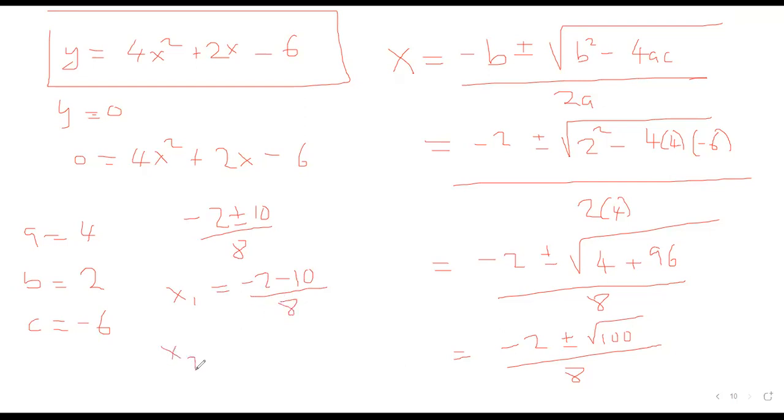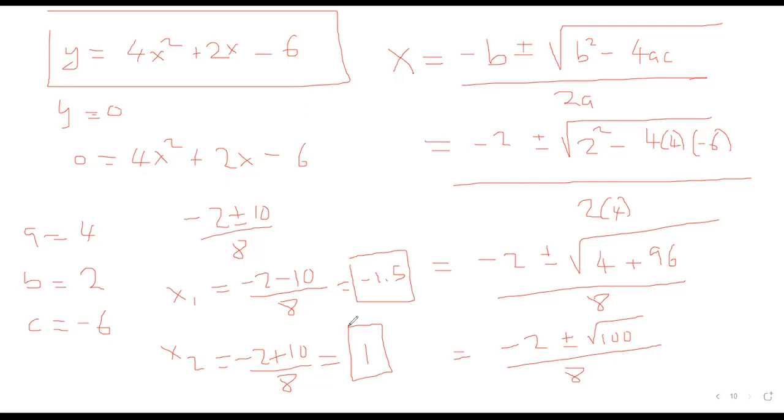In the second one, we add minus 2 plus 10 over 8. So here we're going to have 1. Here we're going to have 12 divided by 8, which is negative 1.5. So this is how we find the two values of x. Right.